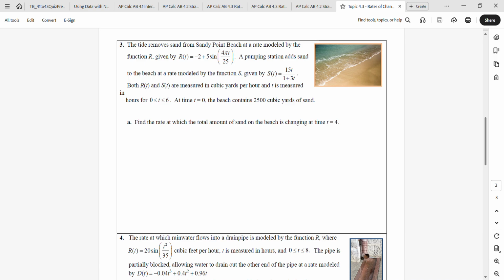So the first 3 questions are lesson 1, 4, 5, 6, 7 are like particle motion, and then the last 4 are like from topic 3. So you can use the rest of the time to work on this. Yeah, great. And we're at 12 minutes, right?